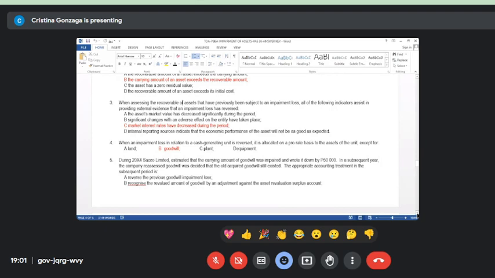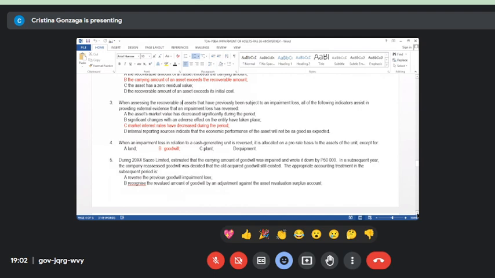When an impairment loss in relation to a CGU is reversed, it is allocated on a pro-rate basis to the assets of the unit except for goodwill. Okay? Yan yung sinasabi ko sa inyo. Ang una mong gagawin pag may impairment loss, i-exhaust mo kagad yung goodwill. Kapag meron pang natira, sabihin natin, ang impairment loss ay 1 million. Ang goodwill ay 200,000. I-exhaust mo lahat yung goodwill na 200,000. So may matitira ka pang impairment loss na 800,000 that is not yet allocated.